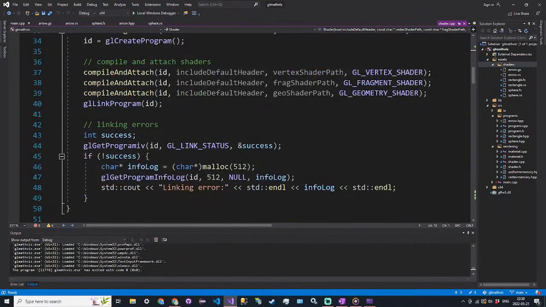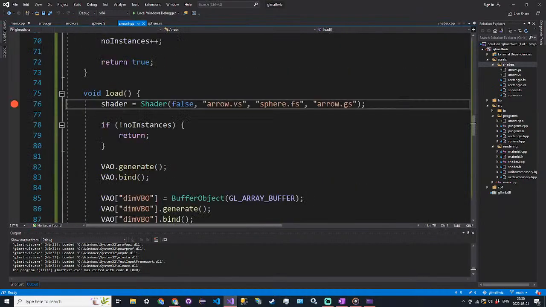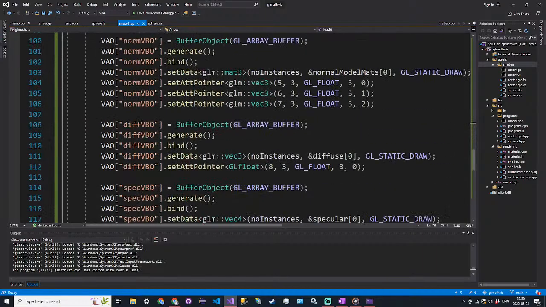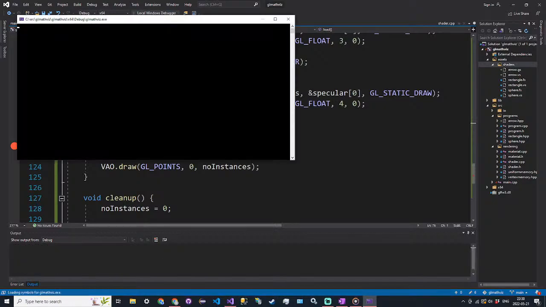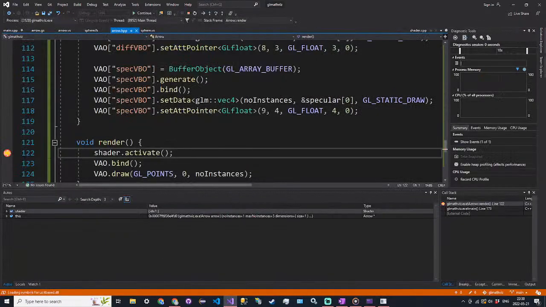Let me see if it's actually rendering the arrow, because that could also be a problem. No, it is rendering.